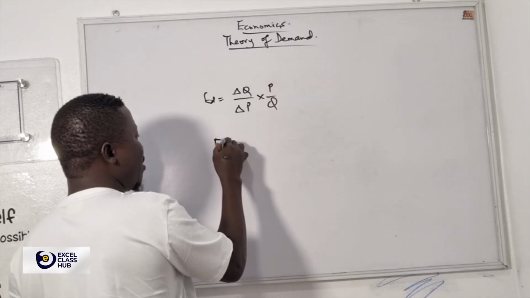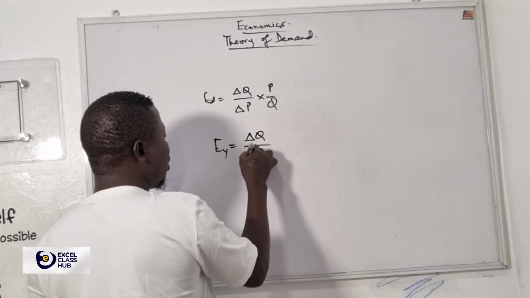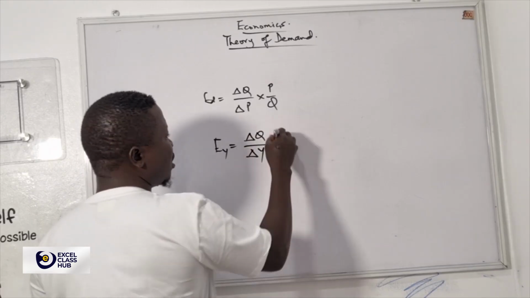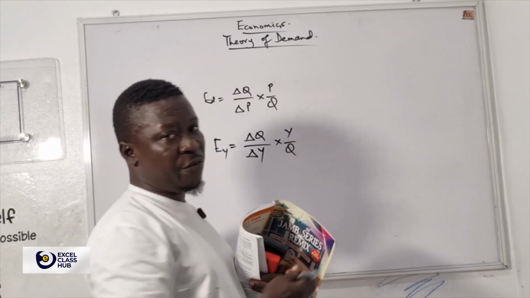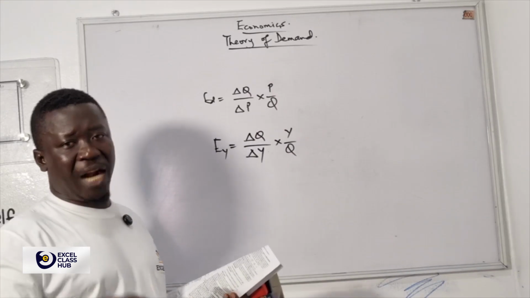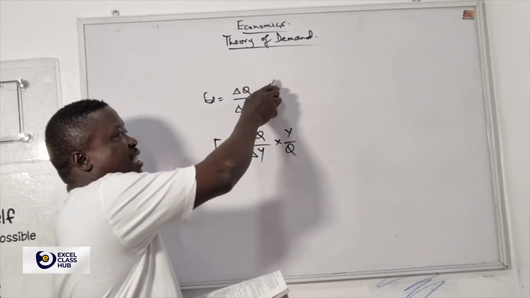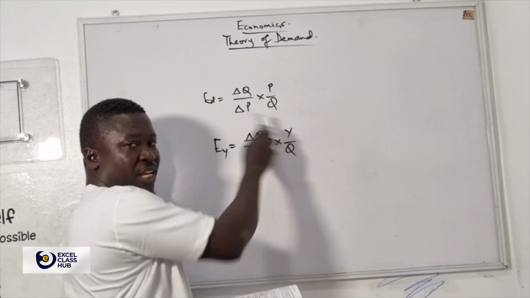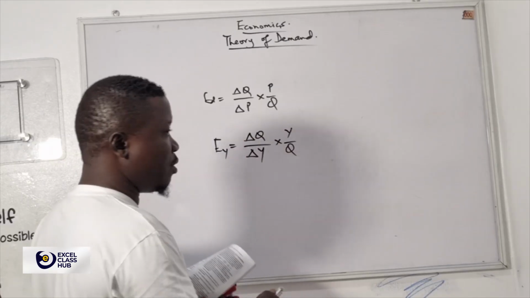For the income elasticity of demand, that will be change in Q over change in income times income over quantity. That's just the difference we have in the two. The same thing applicable to the price is also applicable to the income. Is that clear? Now let's go with the question.